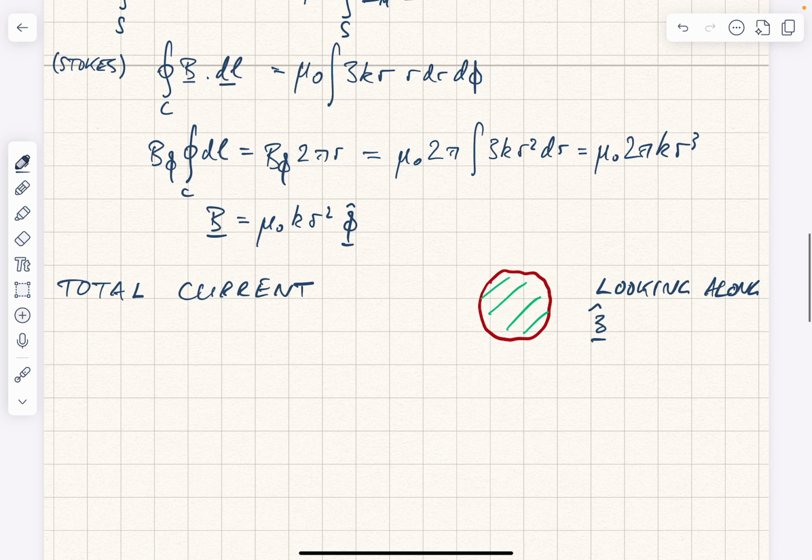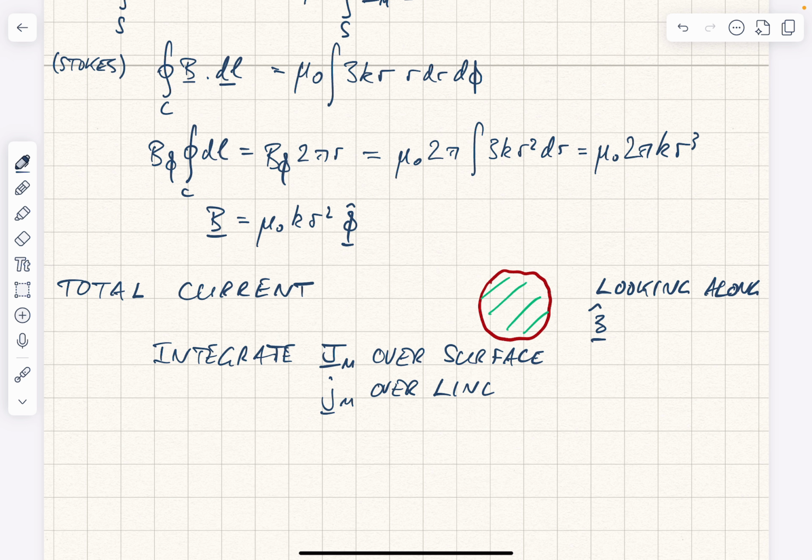We want to integrate capital Jm over the surface, that's the shaded green area, and little jm over a line, which in this case is the circumference of the circle.